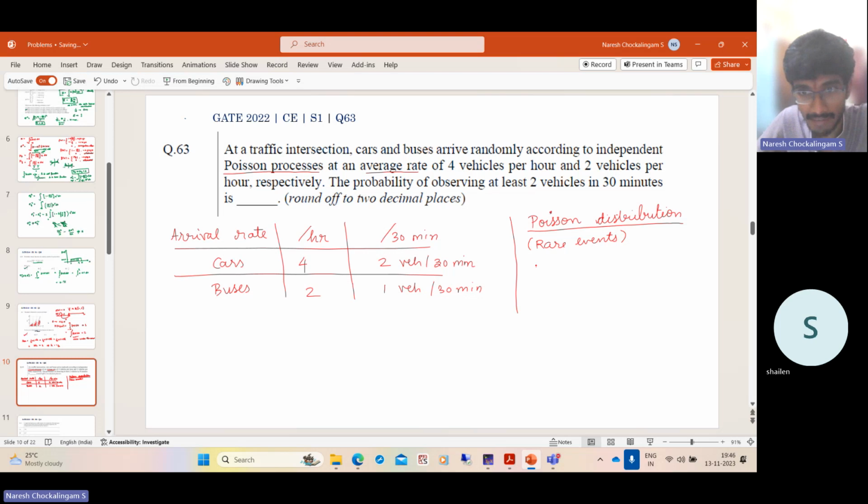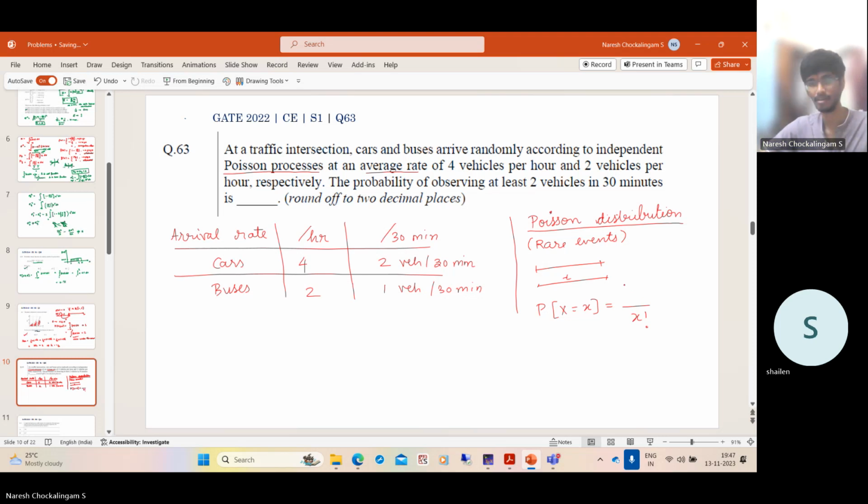So in a given interval of some duration t, in this case t is 30 minutes, the probability of occurrence of x events is given as 1 by x factorial, mu power x, e power minus mu.